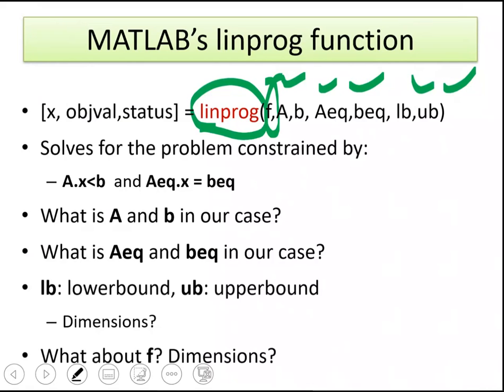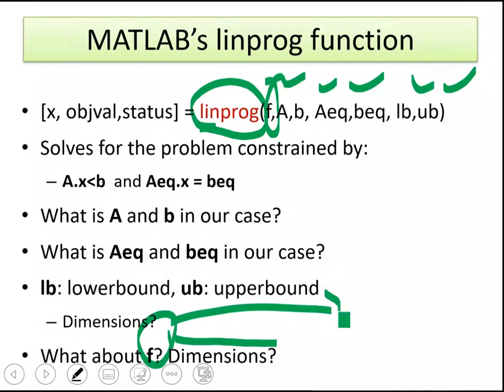So f is used to define the objective function. Remember, the objective function is a function of unknowns. So what will be the definition of the f vector? It will be in parallel with the number of unknowns, right? I have n unknowns, so f will be n by 1.